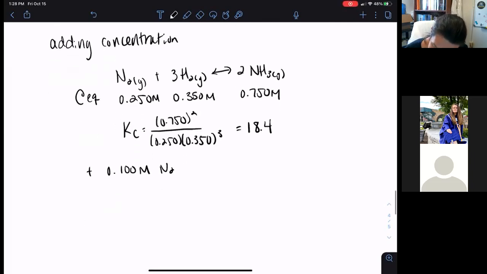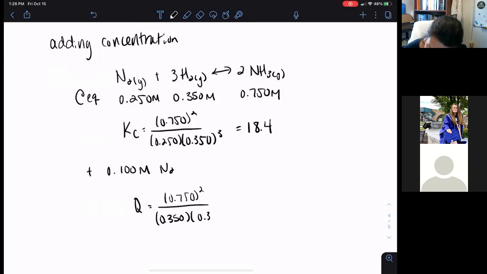So now we have 0.750 squared divided by 0.350 and 0.350 cubed. This would give us a Q value equal to 13.1.